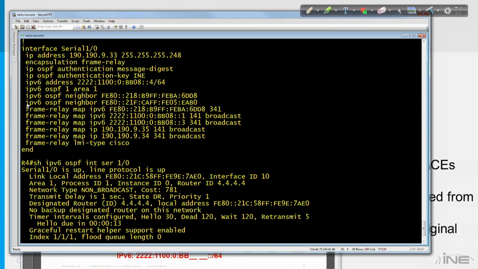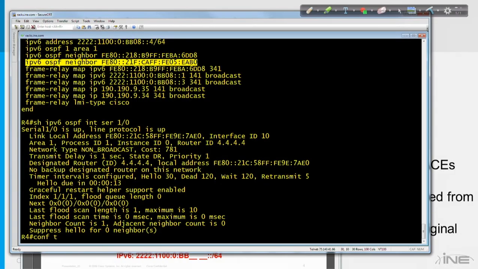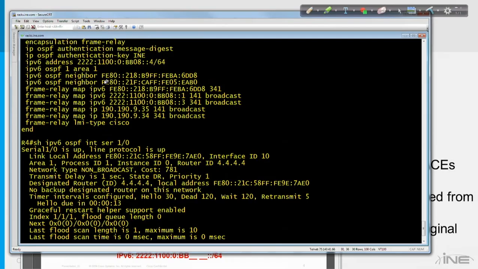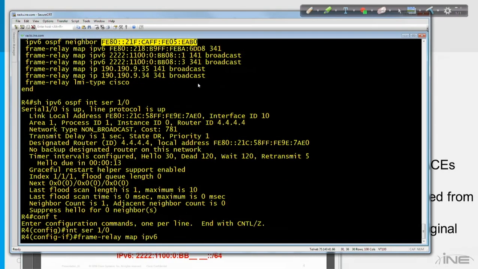While I'm here, let's go ahead and add in a second Frame Relay map just to reach router 1 as well. I've already got his link local here, so I'll just trust that that is the correct number. And to reach that router, we would go across DLCI number 141.